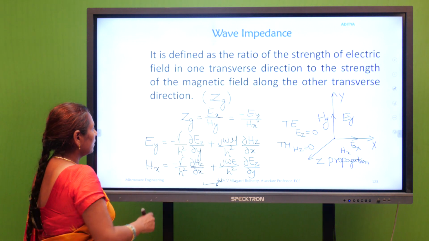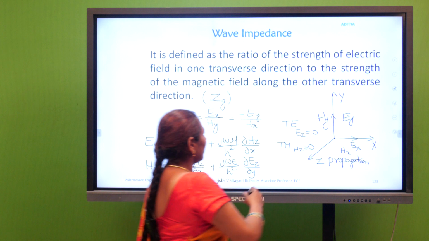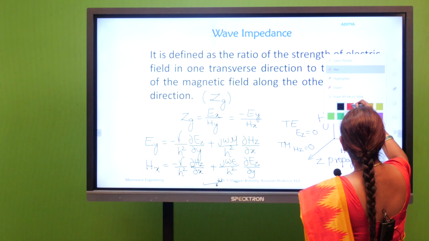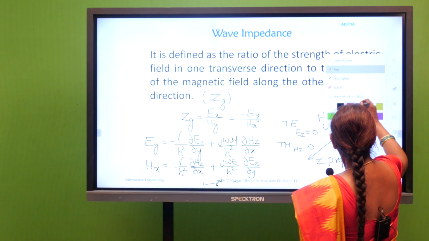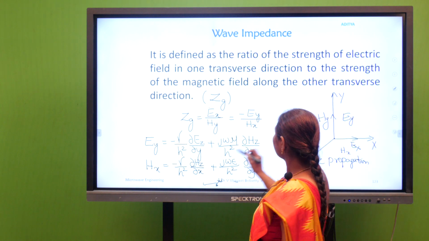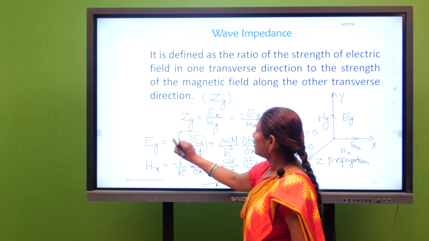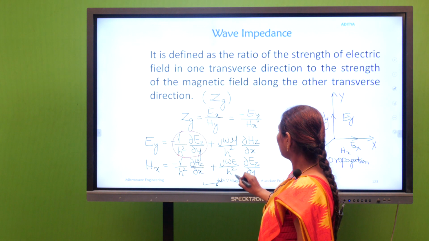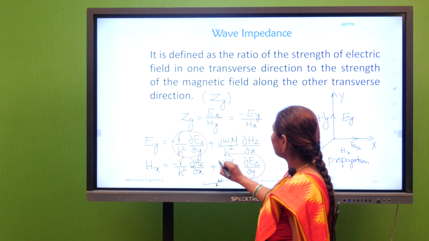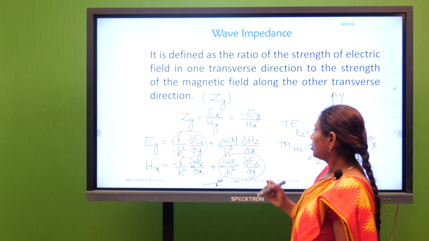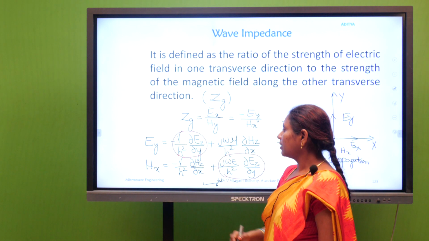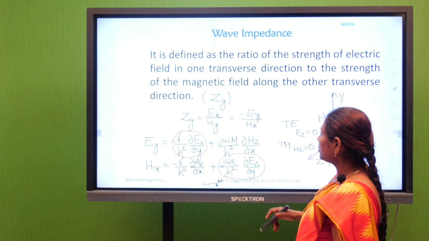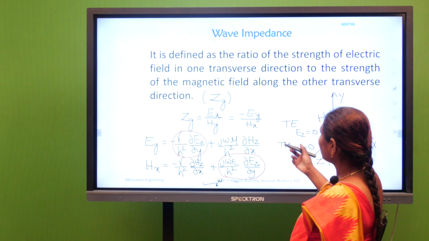That means this field component becomes 0. That means this term here will become 0 and here this term will become 0. Okay. So, we can substitute this minus Ey by Hx here, so that we can get for the TE.